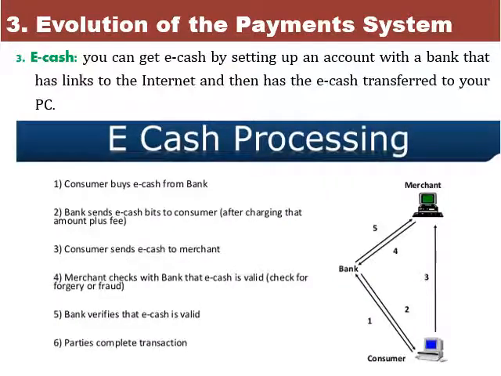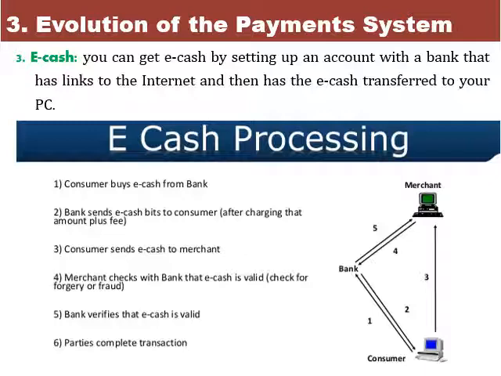The third and final type of electronic money is called Ecash, where you can get Ecash by setting up an account with a bank that has links to the internet, and then having the Ecash transferred to your computer or your mobile phone.